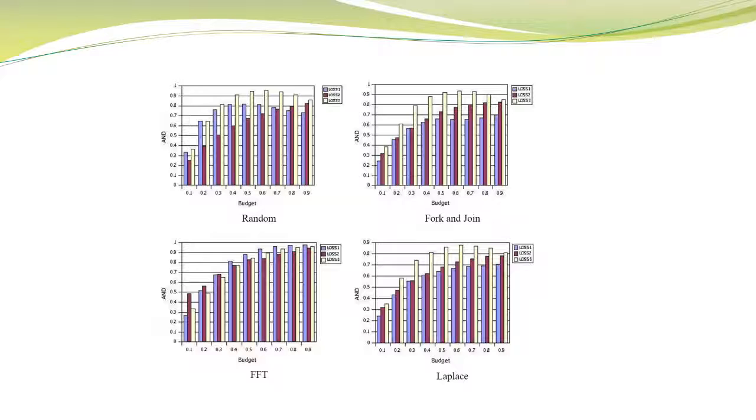Here are the results showing the AND for each different type of DAG, variant, and budget available. Each chart groups the results of the different approaches: loss starting with HEFT, loss starting with HBMCT, and gain. We're going to see the other charts in the next slide.